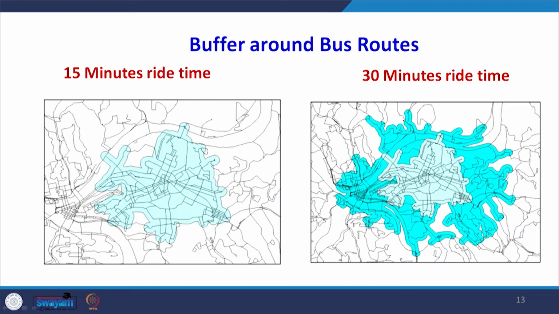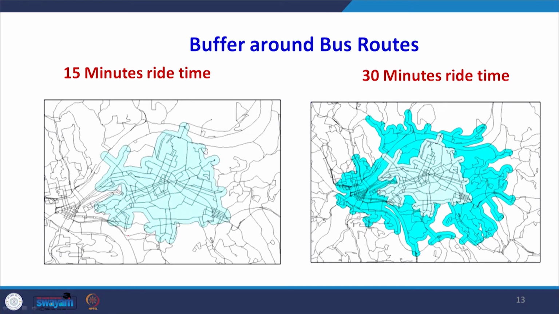Now, this example is showing the buffer created around a line feature. This line feature could be, as we know, a road, railway line, transmission line, river network or canal network. Here the roads are shown, and the bus routes are shown in the form of those connecting roads.